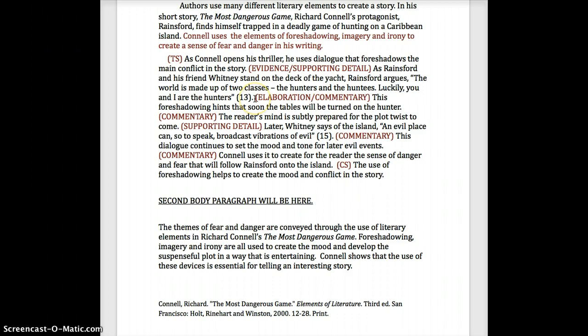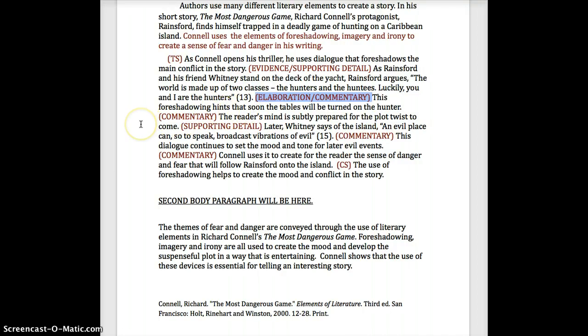The detail, the concrete detail, the supporting detail, the evidence is followed by 2 sentences of elaboration and commentary. You would write these as, this shows that, okay. What does it do? It's foreshadowing and it hints that soon the tables will be turned on the hunter.